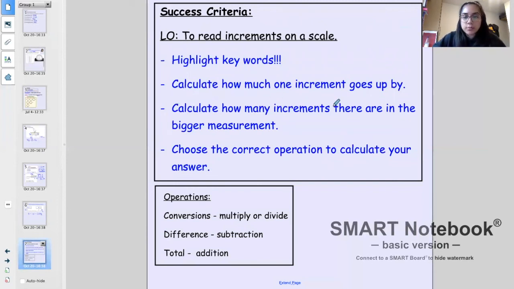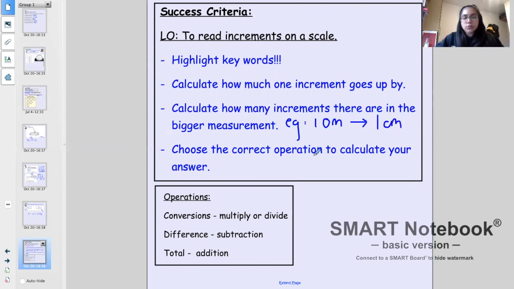Calculate how many increments there are in the bigger measurement. So that will help you with some of the questions. So for example, there are 10 millimeters in 1 centimeter. So that's calculating how many increments there are in a bigger measurement, okay? I'll put that here, e.g. 10 millimeters in 1 centimeter, okay?